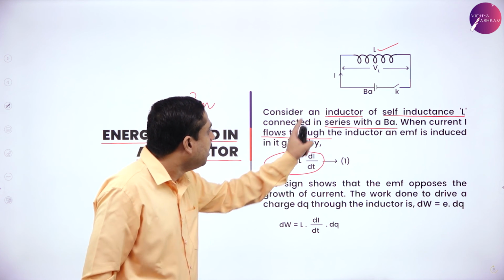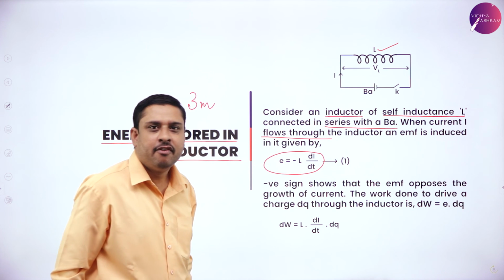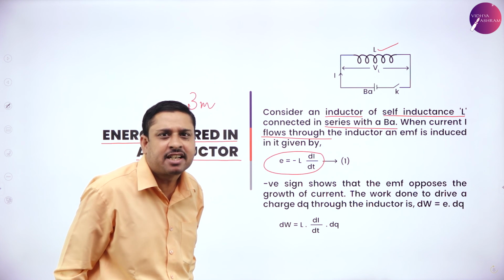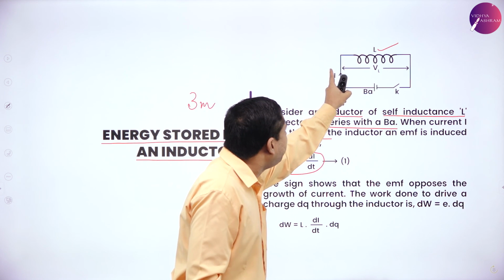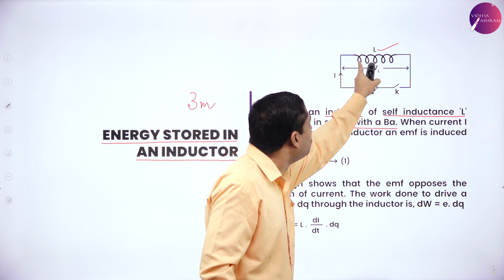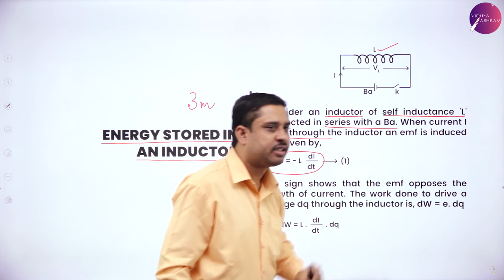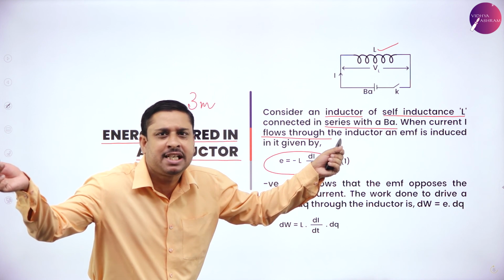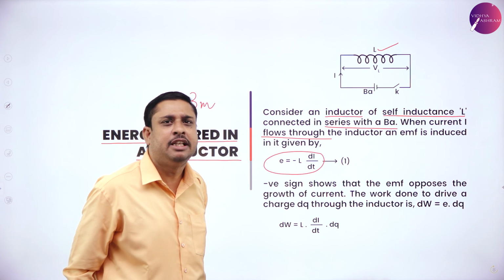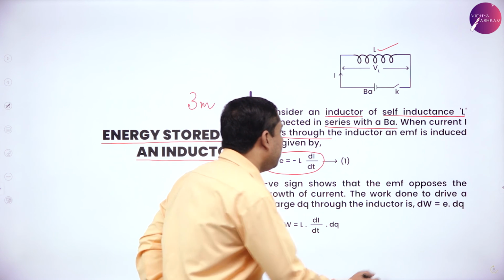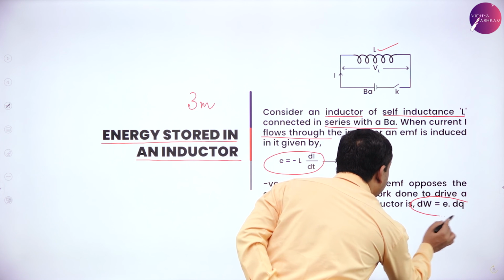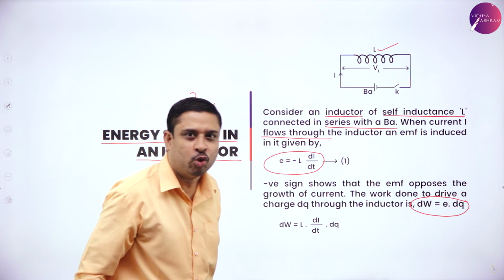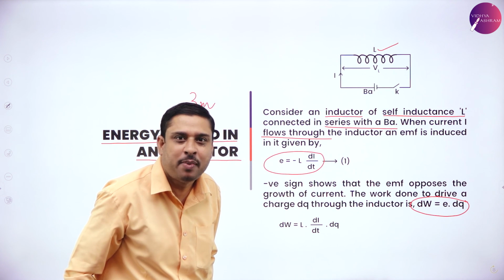Now, when I say flow of current, that is nothing but flow of charges. If a charge has to move through this inductor, a small amount of work has to be done. And that work done is given as E into dq, force into displacement.